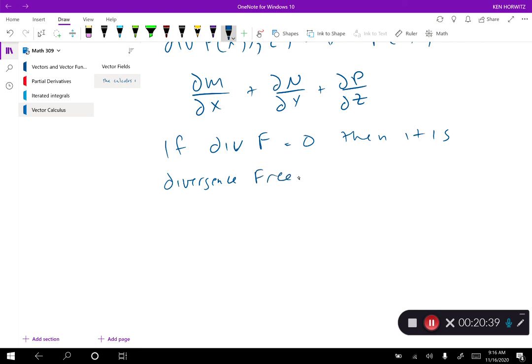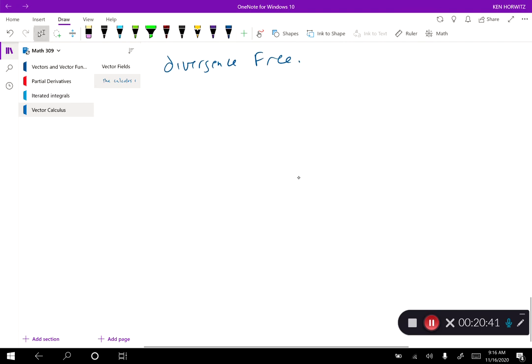All right, so let's do one last example regarding divergence, because I want to show you how this will yield back a scalar.